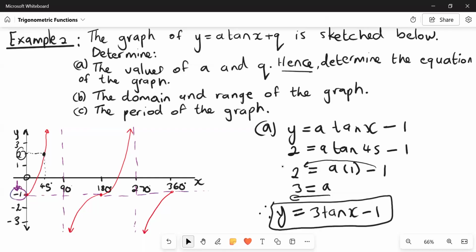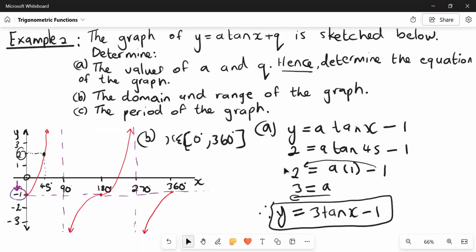Then, now, B, the domain and the range of the graph. Let's start with the domain. Domain for B, x is an element of 0 to 360. That's the domain.